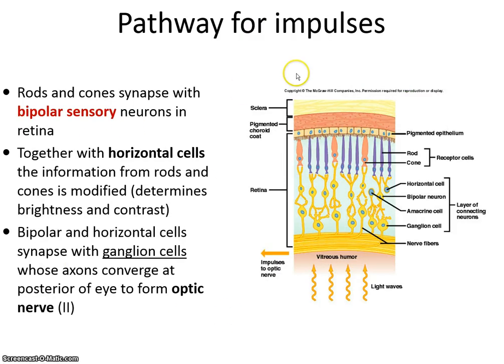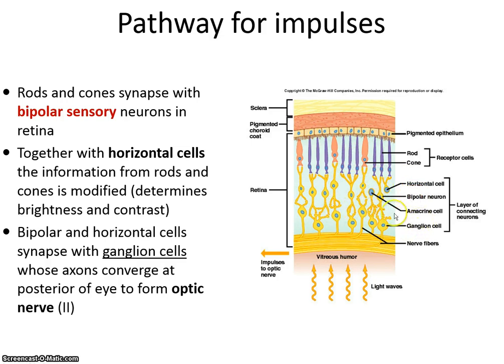So pathways for the impulses, again, here we have light coming in, passes through these nerve fibers from the ganglion cells, and strikes the rods and cones, and gets them excited if it can. Whatever doesn't hit them is absorbed. These guys start an action potential, which is then transmitted through synapses to these bipolar neurons and horizontal cells.